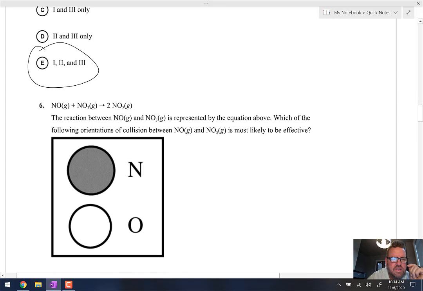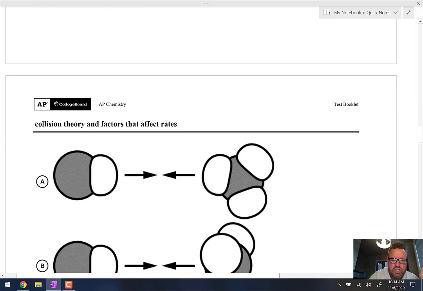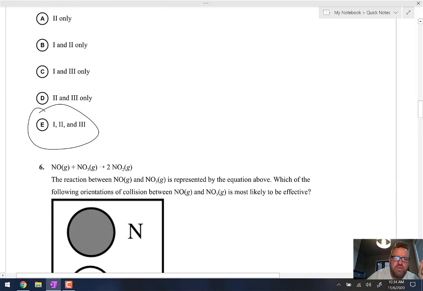Number 6 says the reaction between NO and NO3 is represented by the equation above. Which of the following orientations of collisions between NO and NO3 is likely to be effective? Look at that reaction. Notice you have an N and an O, and you have NO3, but then you have NO2. In the answers, they're showing the orientation of those molecules.